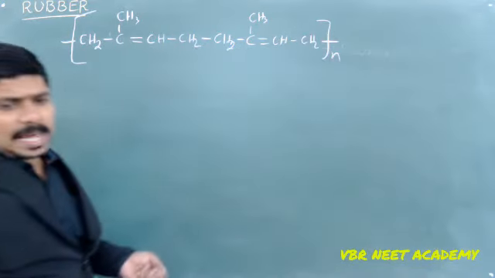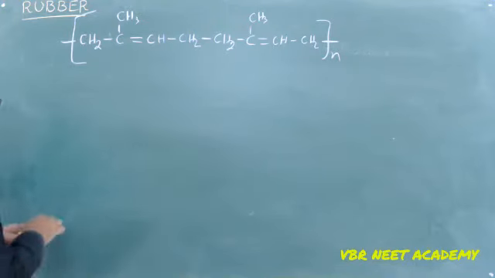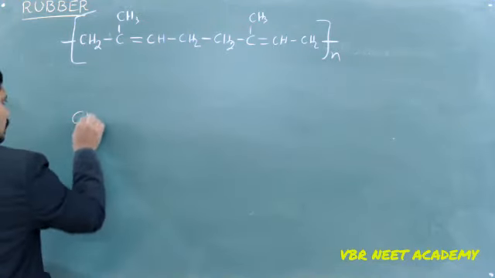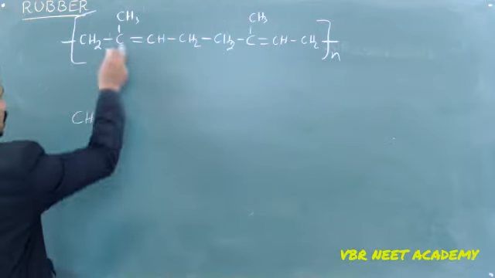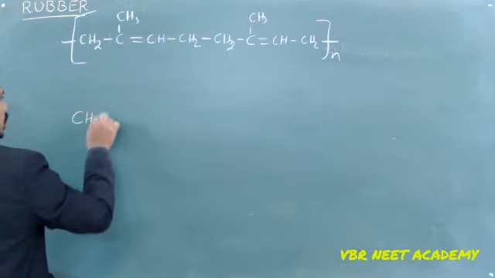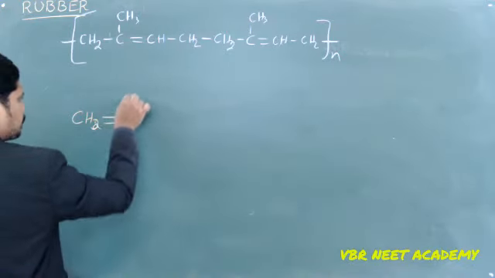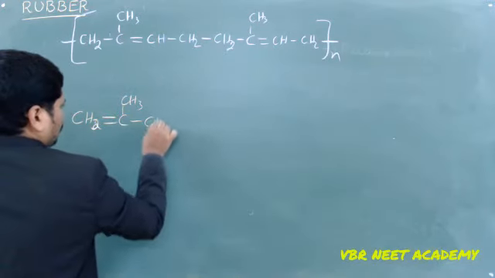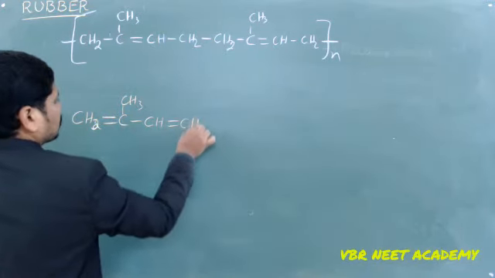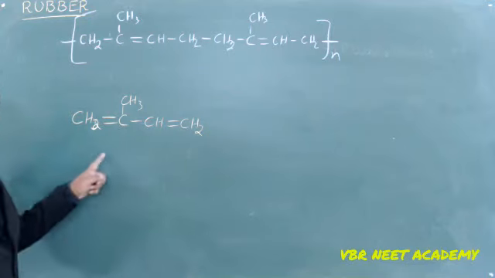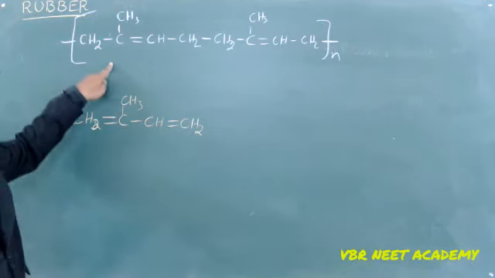This is the natural rubber, the polymer, and the monomer is isoprene and this is polyisoprene.